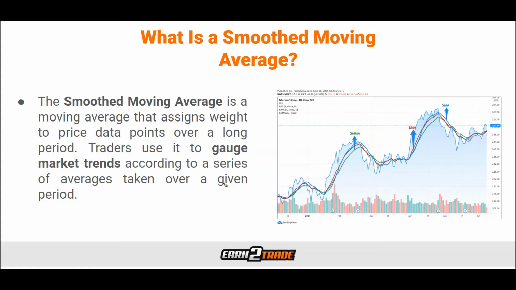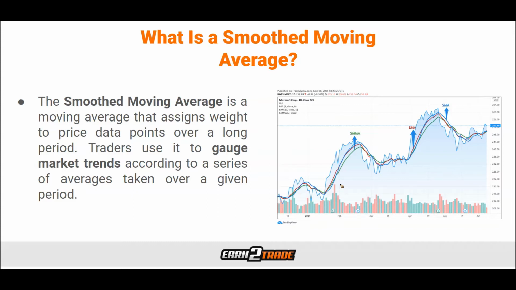We can think of the SMMA, which is the smooth moving average, as a hybrid of its better known siblings, the simple moving average and the exponential moving average, otherwise known as the SMA and the EMA. The SMA looks at the price of a traded asset and divides it by the given period to be studied, but it looks at all periods equally.